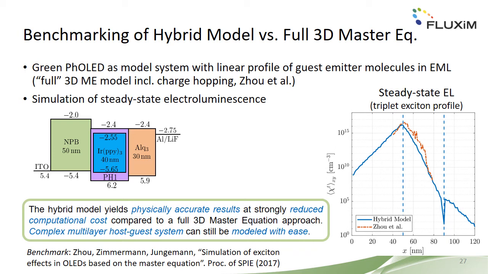The central layer is the emissive layer, and you see that the hybrid model actually gives very similar results as the full 3D master equation approach, but at a much reduced computational cost, and nevertheless the complex multi-layer host-guest system can still be modeled with ease.